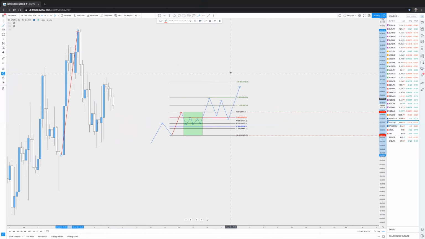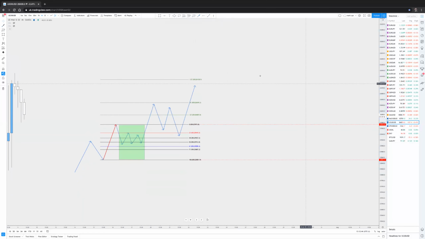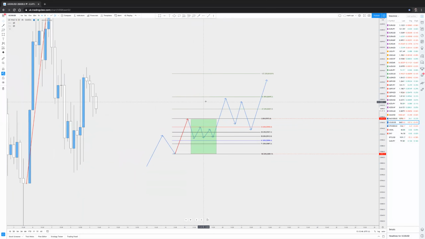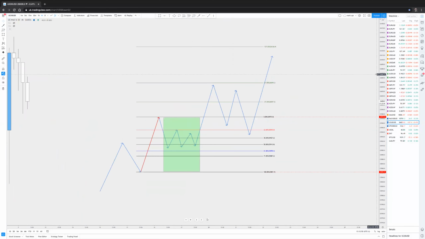So when we look at our move to the upside, we'll then obviously see where price is finding support and whatever, and then we will follow the rules going forward.